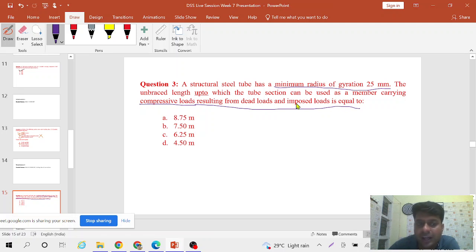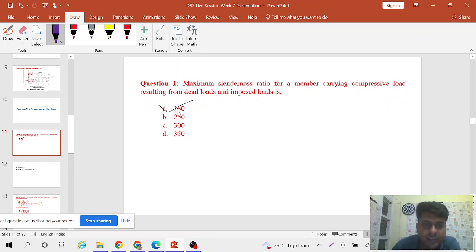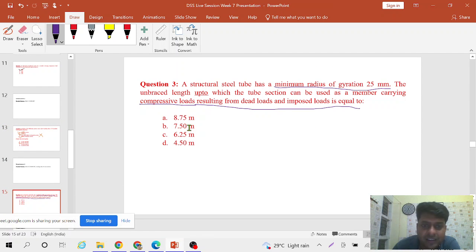In the above question, we have already seen what is the maximum slenderness ratio for a member carrying compressive loads resulting from dead loads and imposed loads. So you have given the answer as 180. So here the slenderness ratio will be equal to 180 because the same condition is there, and the minimum radius of gyration is given, and they are asking for the unbraced length, so they are asking you the length.